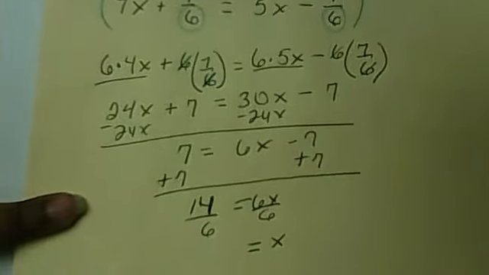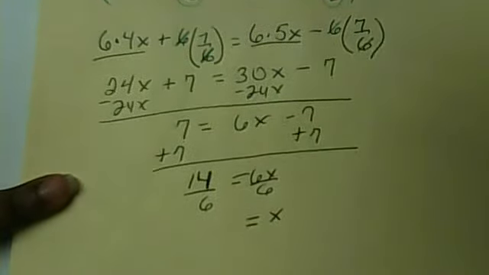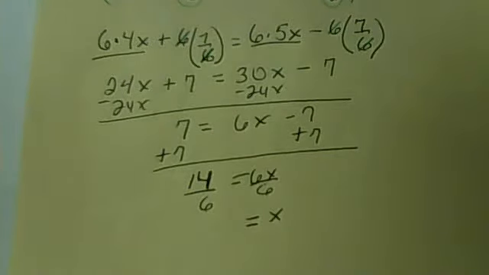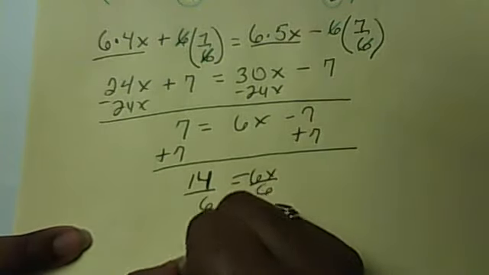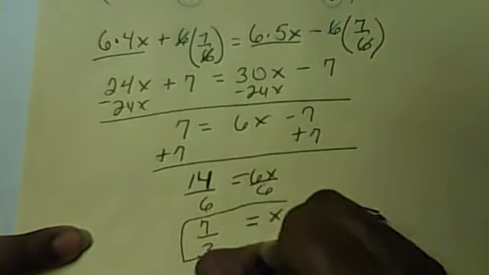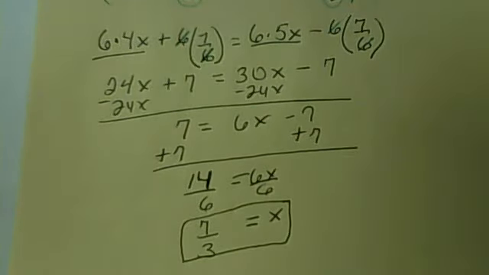Once we combined all our like terms and did all our work, we would get our final answer, and our answer always needs to be reduced. So that's 7 over 3. That should be your final answer if all of your work and all of my work is correct.